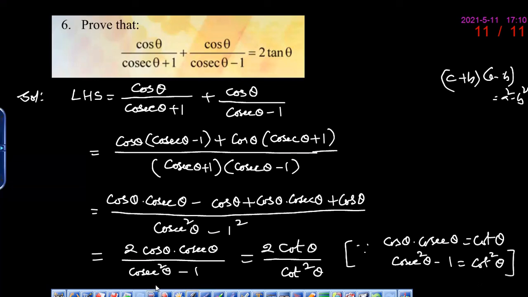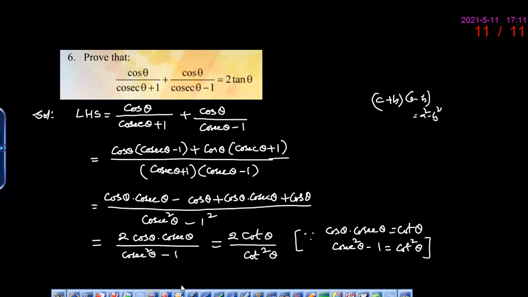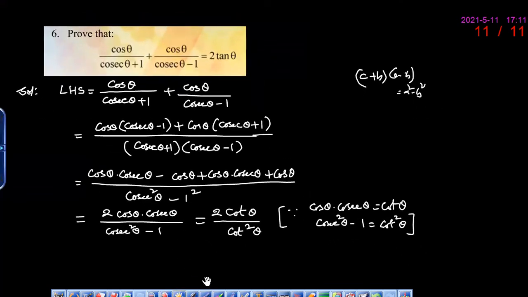So children, what we get here when we solve the problem? Further 2 cot theta divided by cot theta into cot theta is left over. Cot theta and cot theta get cancelled. Here in denominator we are having cot theta into cot theta. So 2 upon cot theta means 2 into 1 upon cot theta.